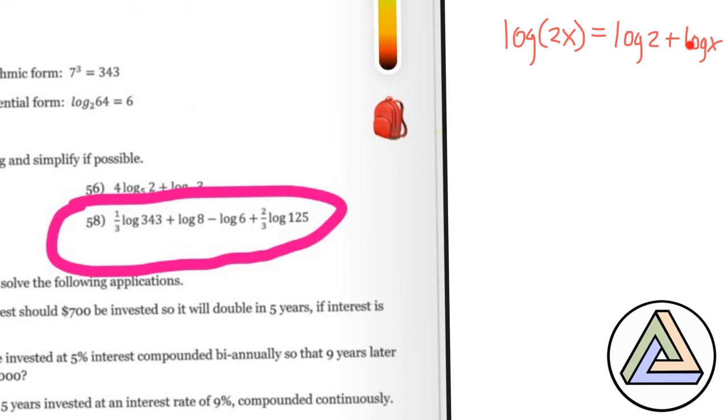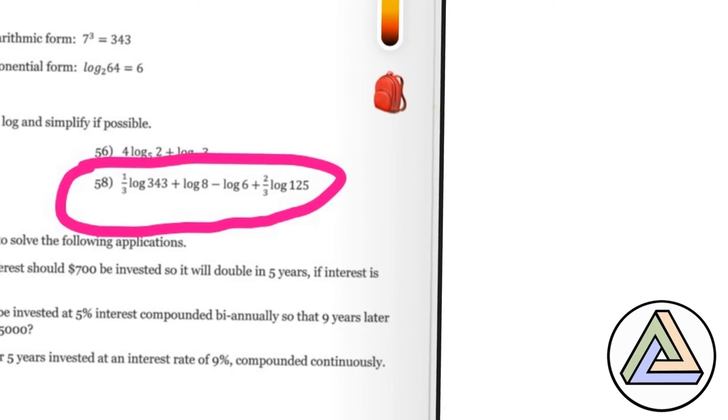You could consolidate these to turn it back into that if you had to. There's also another property that says if you have log of x over 2, that could turn into log of x minus log of 2. These are the properties that I think my student has had to grapple with recently.